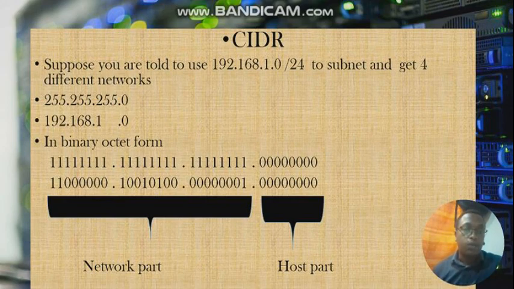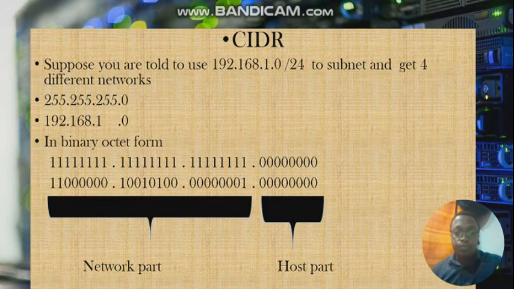Now, in binary octet form, remember, to subnet we need to change the number from dotted decimal notation to binary, and I showed you how to do this in the IP version 4 addressing video. So go back to the IP version 4 addressing video and look at that, and then come back to subnetting.